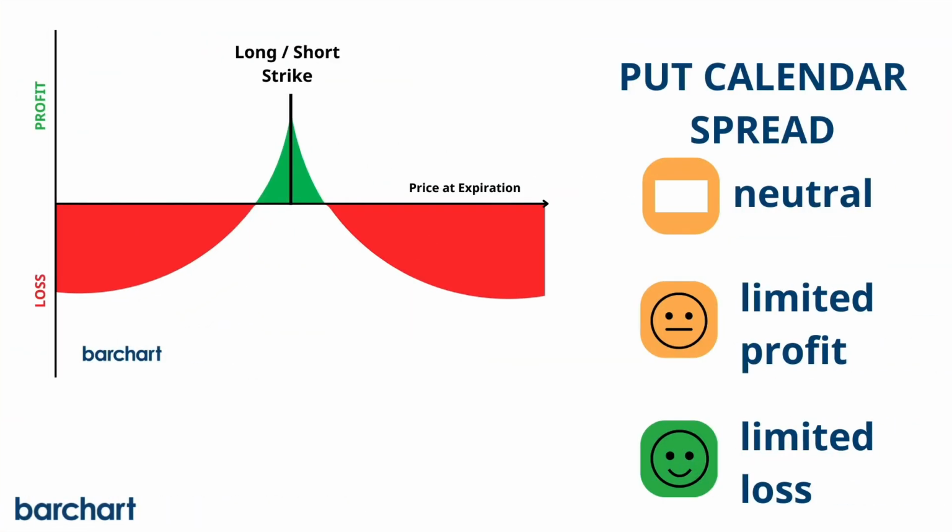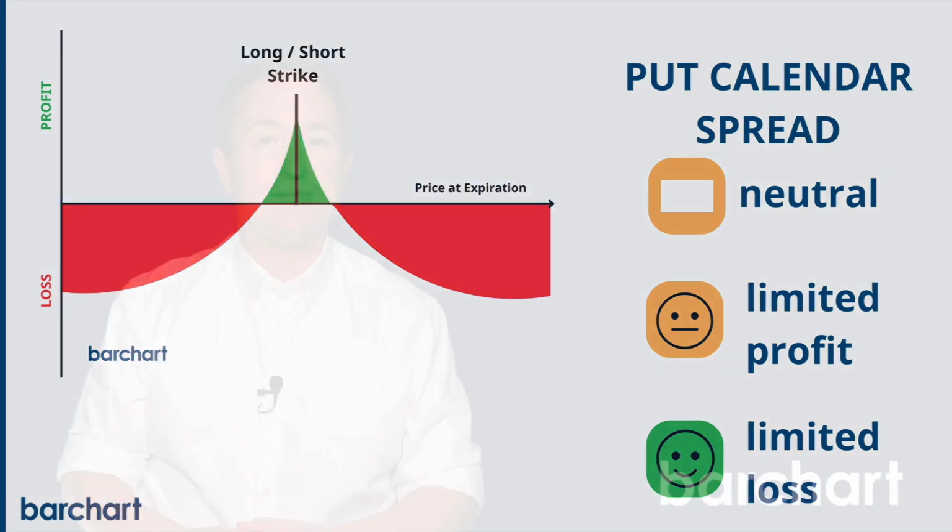The maximum profit of a long put calendar spread happens when the underlying asset's price trades at exactly the strike at the time of the short put's expiration. If that happens, the short put expires worthless while the long put becomes more valuable. The net debit that's paid at the start of the trade is the strategy's maximum loss.